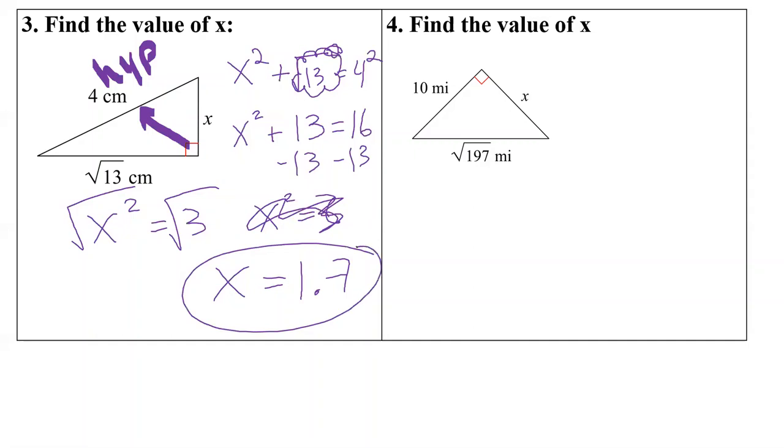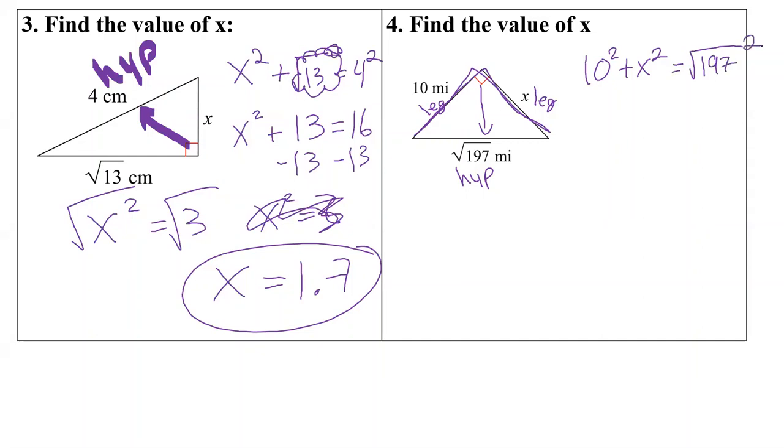Okay, same thing over here. Notice this one here is my hypotenuse. These are my legs. They make the right angle. So 10 squared plus x squared equals the square root of 197 squared.